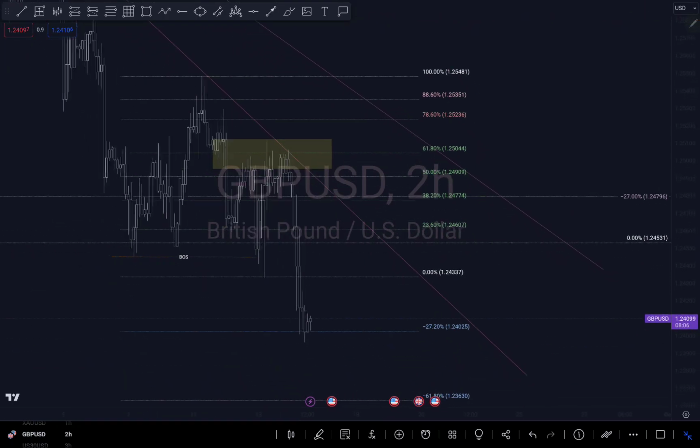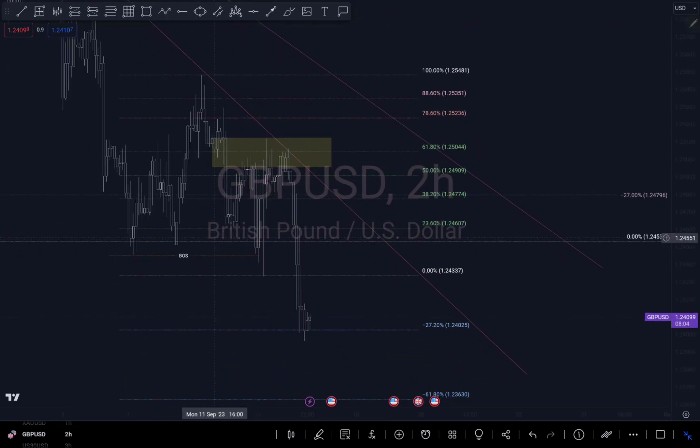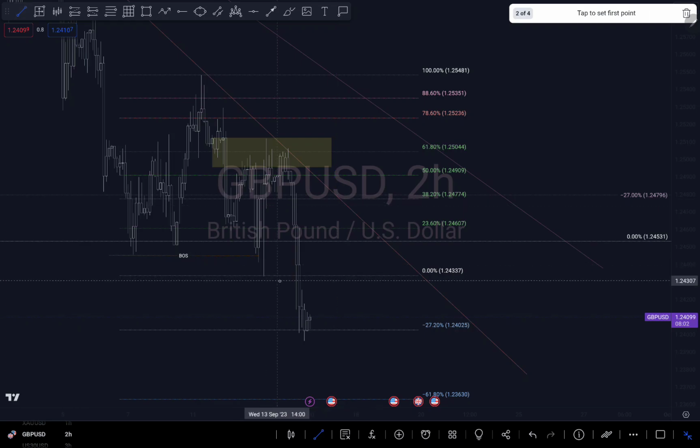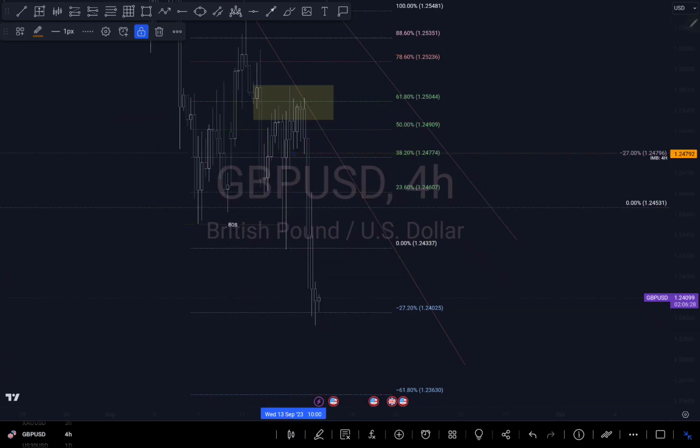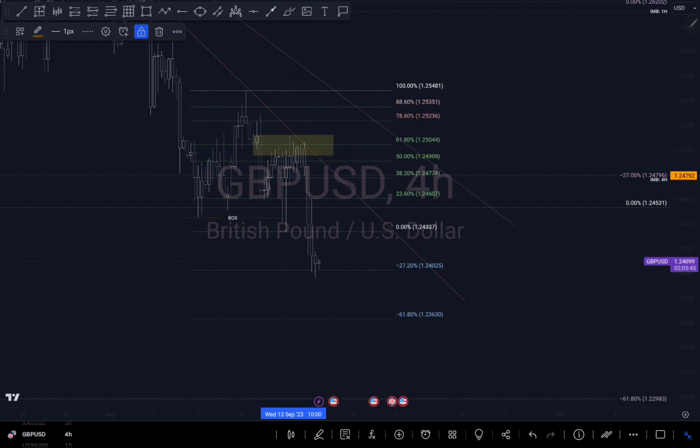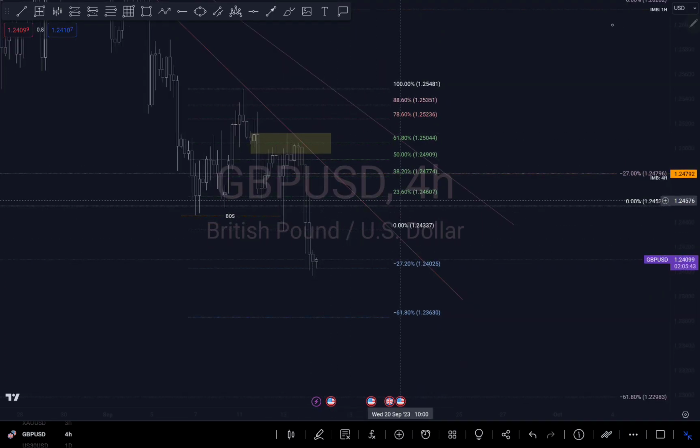Okay, we can see the break of structure. We came and broke structure here too, from here to here, so we can see how it plays around this area right here.